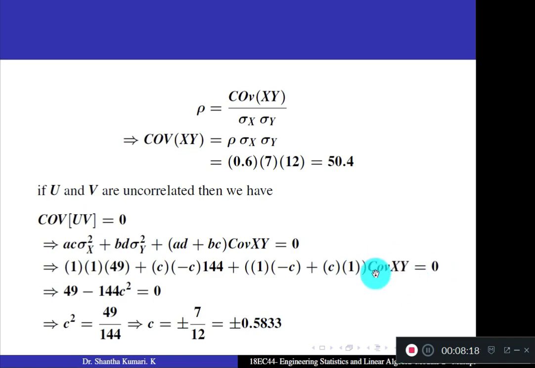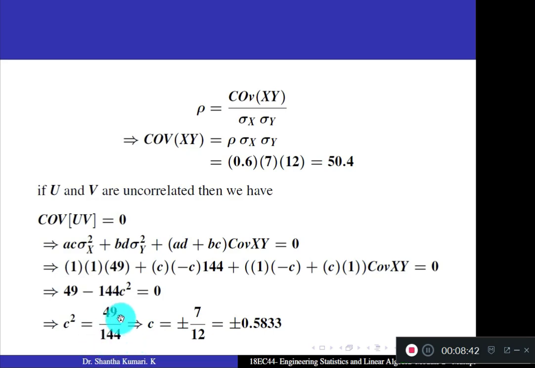You can substitute 50.4 here, but anyway, because of this term, minus c plus c becomes 0, so this full product becomes 0. That means you get only 49 minus 144 c square equal to 0. That means c square becomes 49 by 144.